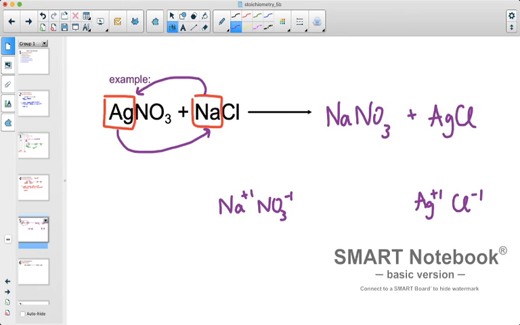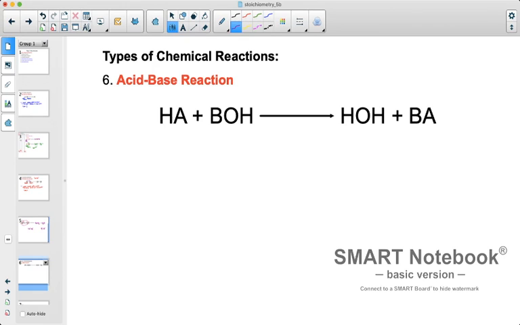All right. The final type of reaction that you might encounter when looking at chemical reactions is known as an acid-base reaction. An acid-base reaction is a special type of double replacement reaction. But it has something specific that denotes that it's an acid-base reaction. Now, since it's a special type of double replacement reaction, we are dealing with a compound and also another compound.